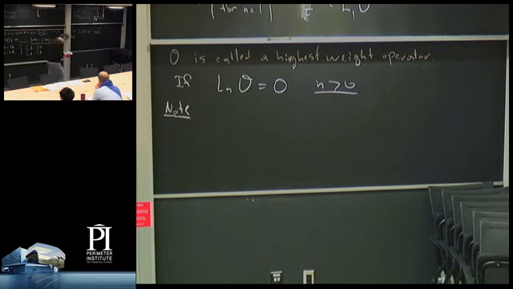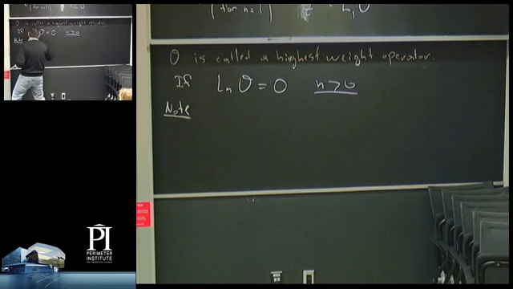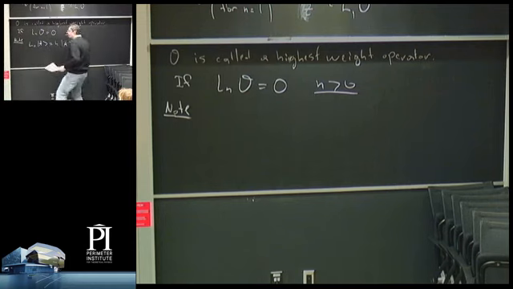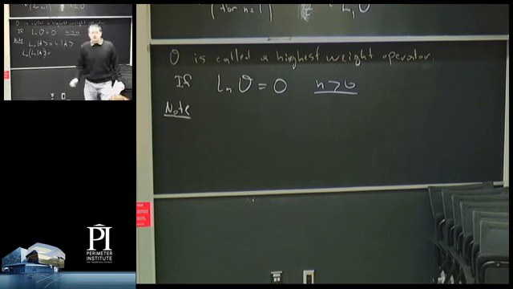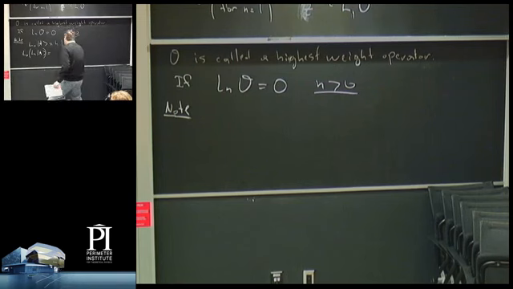In particular, if I have some operator with a given conformal weight H, and I act with Ln on this operator, I will get another operator, or state if you wish, which will have a conformal weight H minus n.